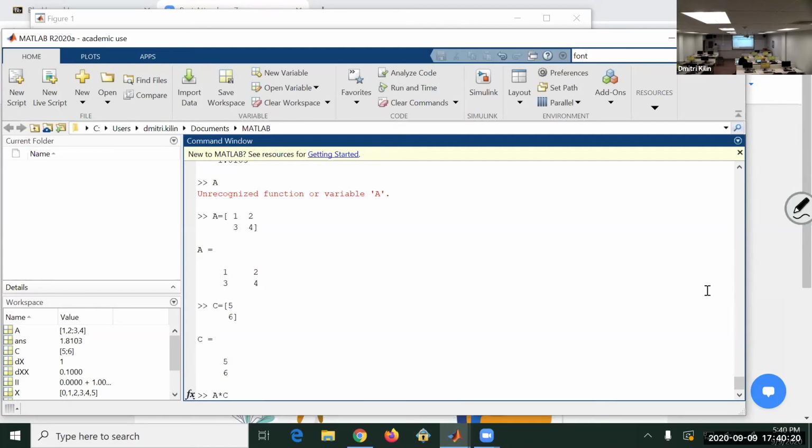So 1, 2, 3, 4 multiplied by 5, 6. What should we get? 5 plus 12, and here 3 times 5, 15 plus 24. So it will be 17 and 39. Okay, let's check. Yes.